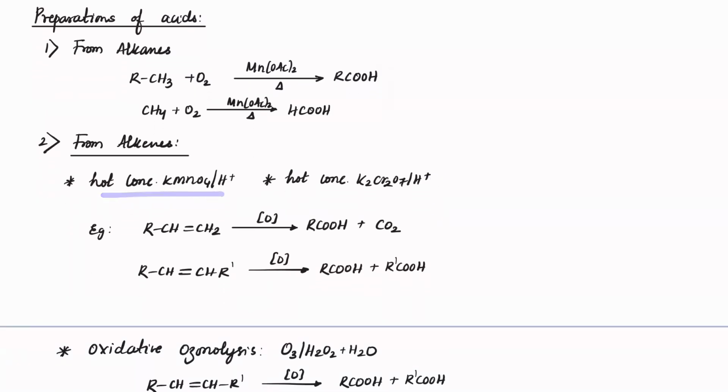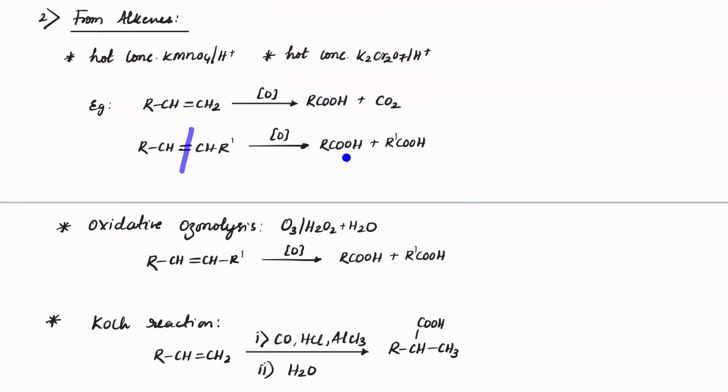Next, from alkenes. If I take hot concentrated KMnO4 or K2Cr2O7 and H+, they would help in breaking the bond and convert them into acids. If it was a single carbon, it cannot stop at acid, it will eventually convert to carbon dioxide.